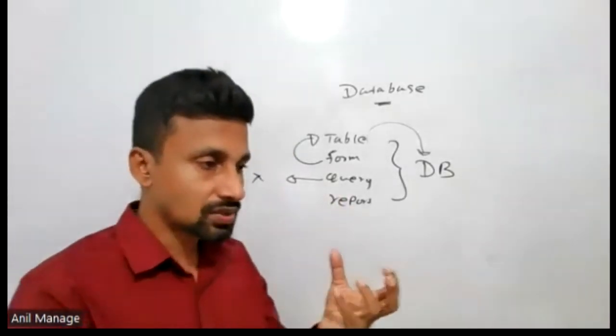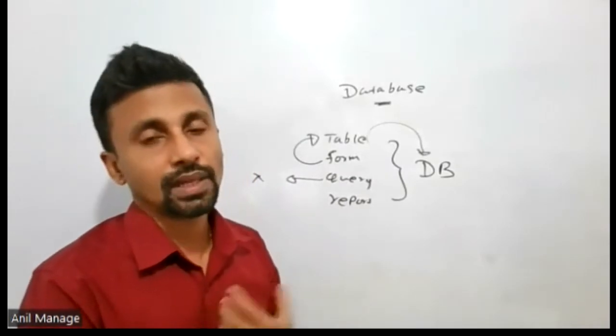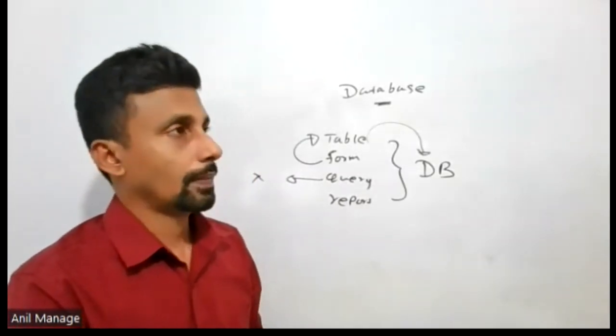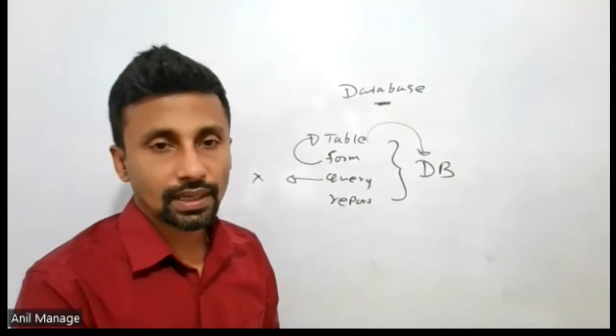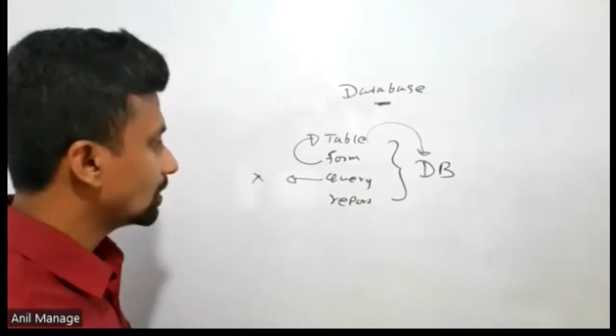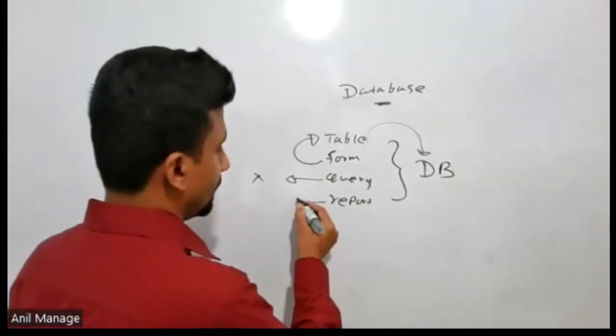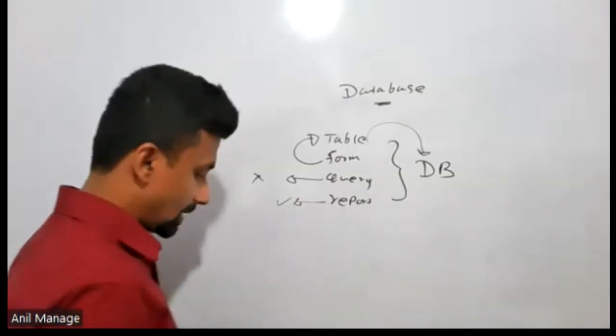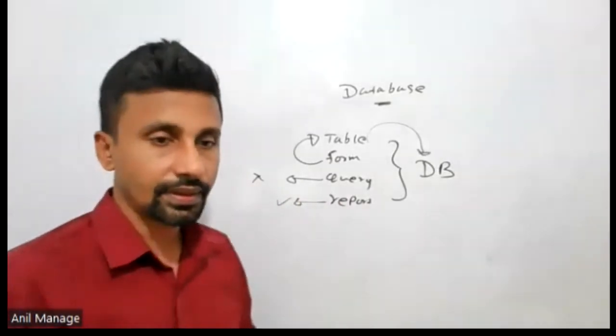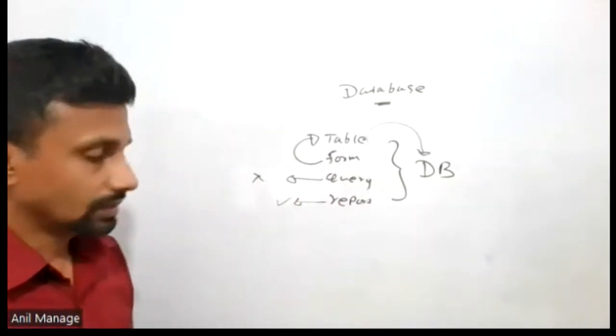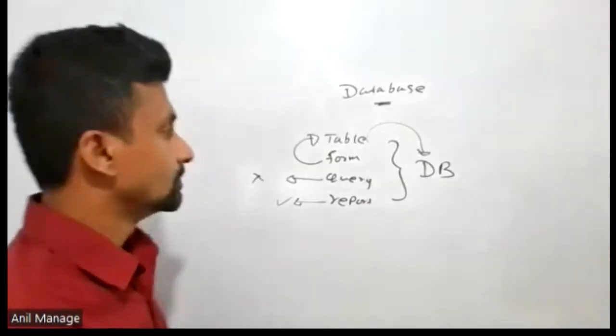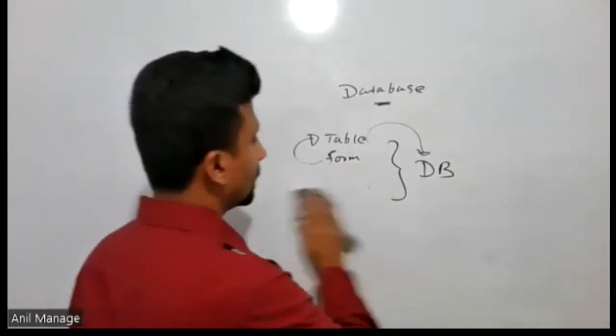A query extracts what we want by giving a criteria. Then reports are used to present it, right? Okay, so these are the basic things when you take the database.